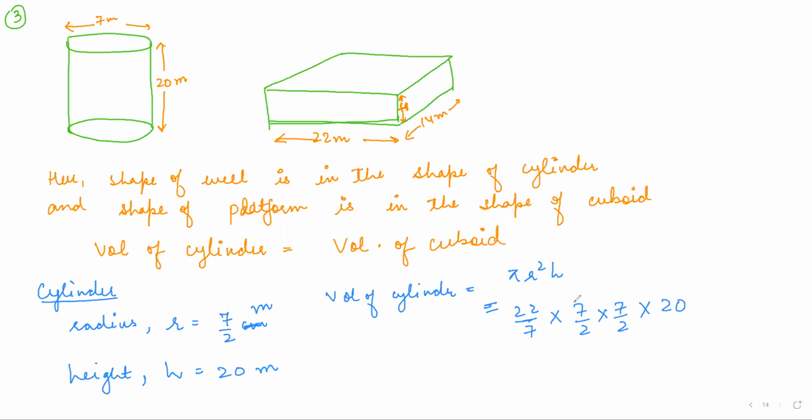So 7 and 7 will go out, and then 2 into 11, and this becomes 2 into 1 and then 10. So I have 77 into 10, that is 770 meter cube, right? Yes, ma'am. Okay.